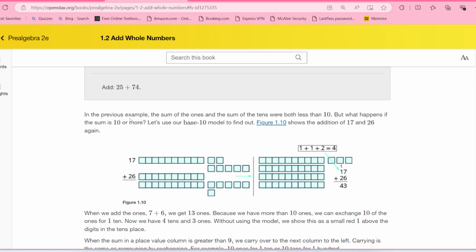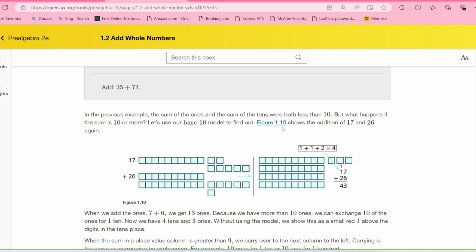So in the previous example, the sum of the ones and the sum of the tens were both less than 10. But what happens if the sum is 10 or more? So this is where they're going back to modeling with the blocks, right? Let's use our base 10 model, the blocks, to find out.